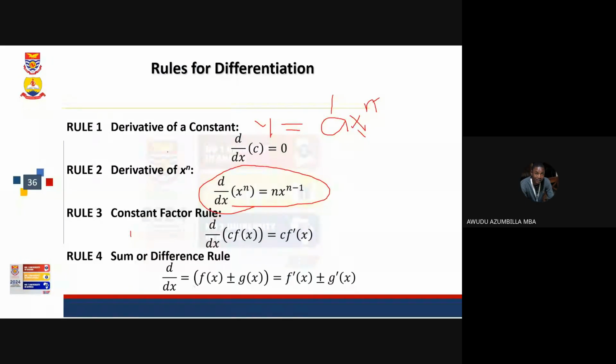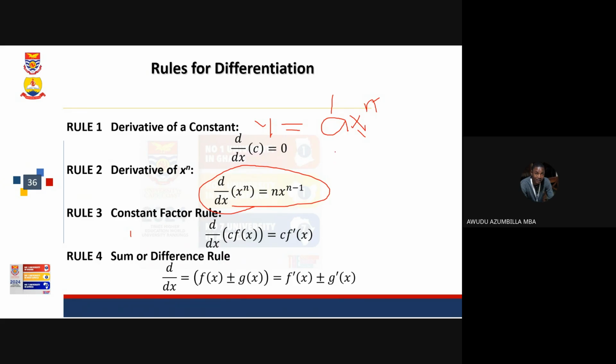This is called the power rule. The rule says to multiply the exponent by the whole function and subtract 1 from the exponent.